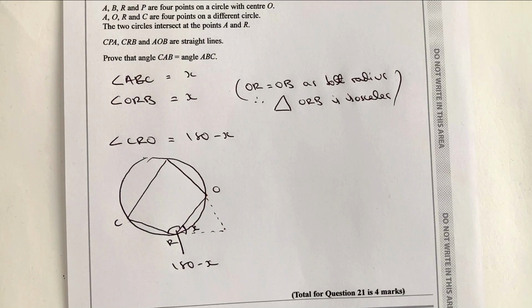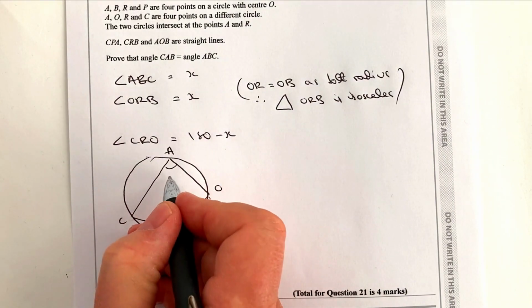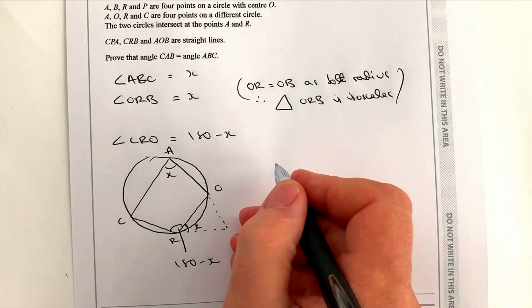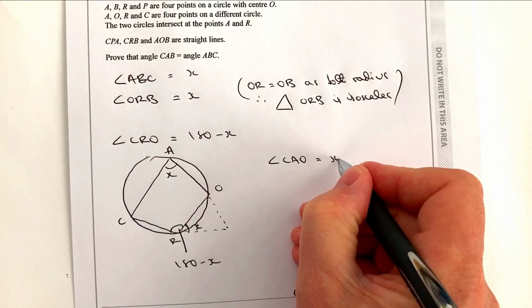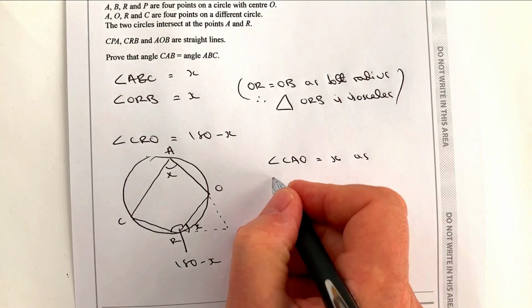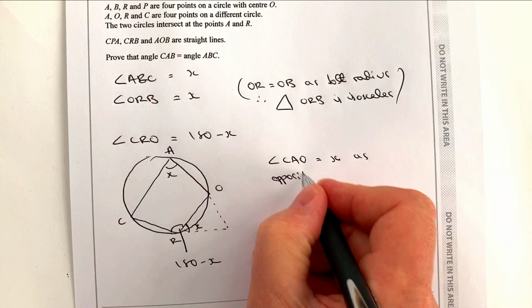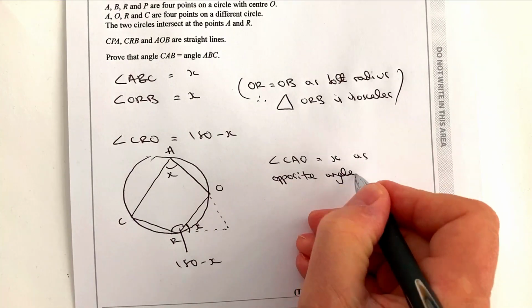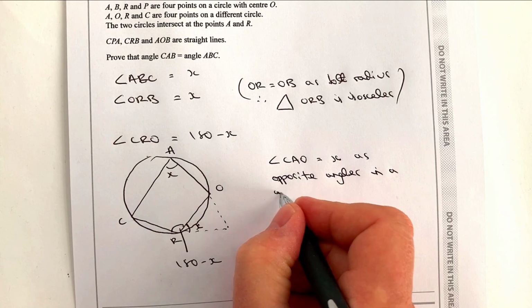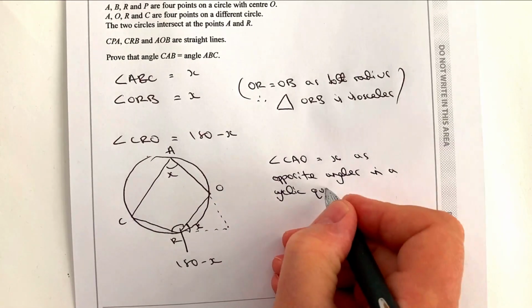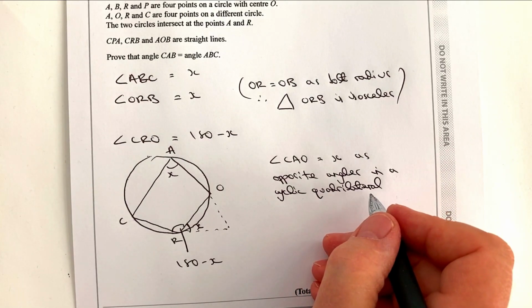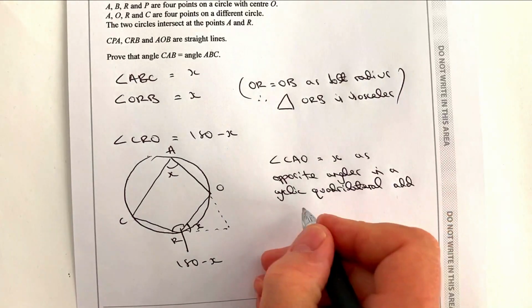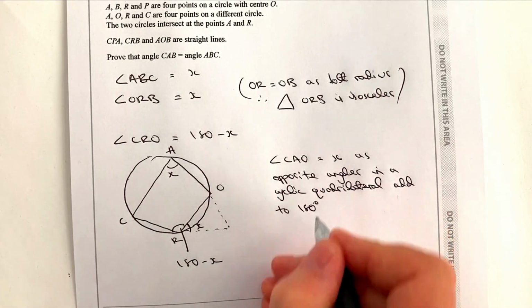So if that is the case, then it must mean that this angle at the top here, CAO, is X, because opposite angles in a cyclic quadrilateral add to 180 degrees.